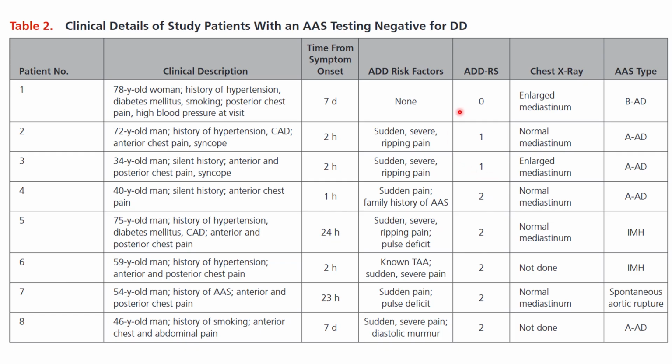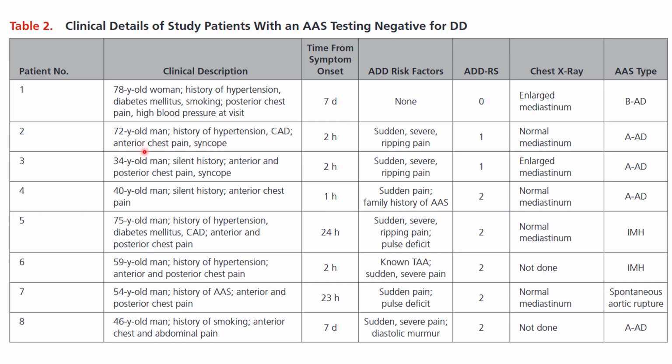So let's try to focus on these down here. There was one who had an ADRS score of 0 with posterior chest pain, but they had a high blood pressure at visit. It doesn't say how high. So there was chest pain involved, but it was not intense pain and was not radiating, so not any of these ADRS score features.